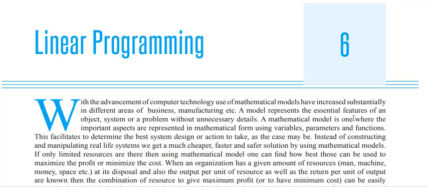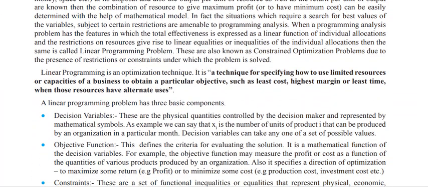So till now I used two words: achieve some objective, that is our objective function in linear programming, and some limitations, which will be called the constraints, right? Based on this philosophy, there can be a number of definitions of linear programming.